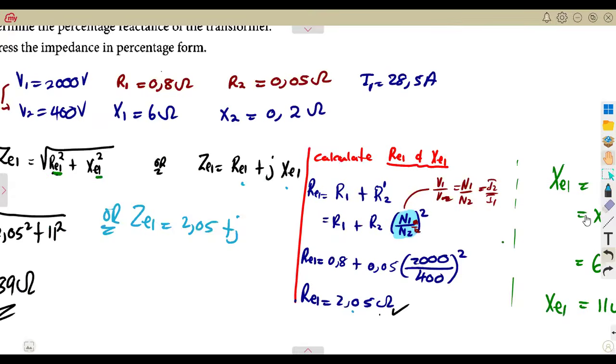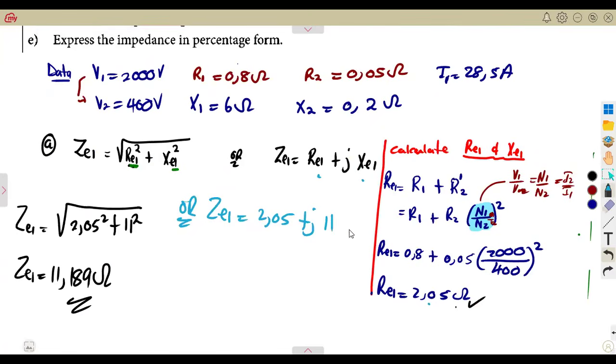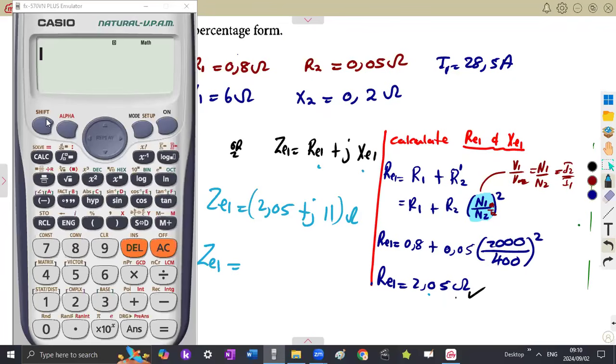This represents our equivalent impedance as referred to the primary side in rectangular form, which can also be written in polar form. Remember, in polar form, this is now you guys and your calculator. You don't need any mathematical presentation, just your calculator. On your calculator, you're going to use shift to polar form.